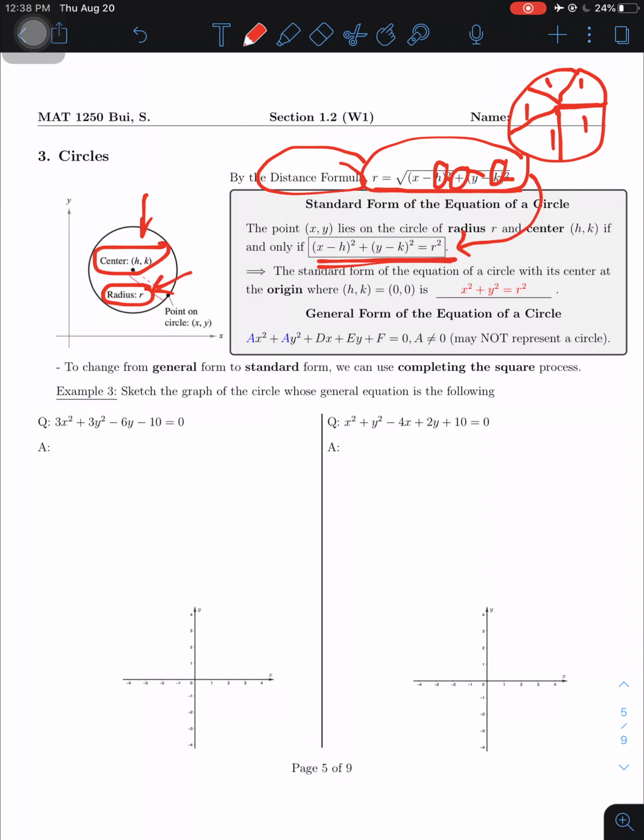So for any random point with coordinates xy, it lies on the circle of radius r and center hk. This is to tell you that the circle in here has radius r and center hk if and only if the point xy, the radius, and the center satisfy this equation.